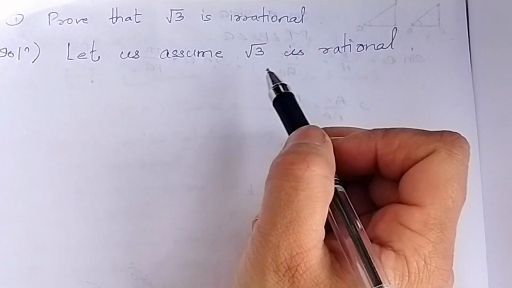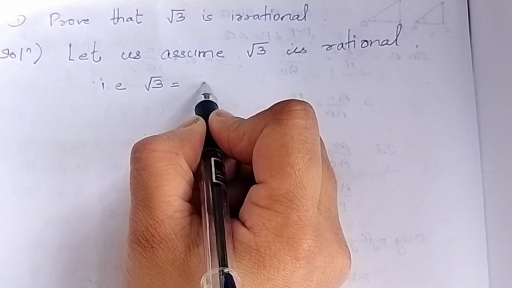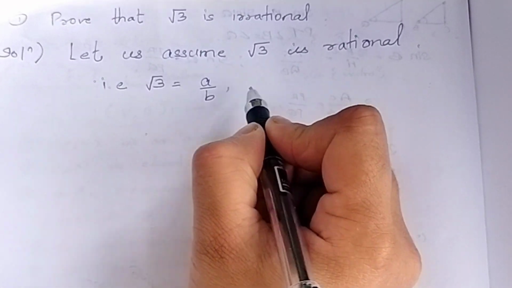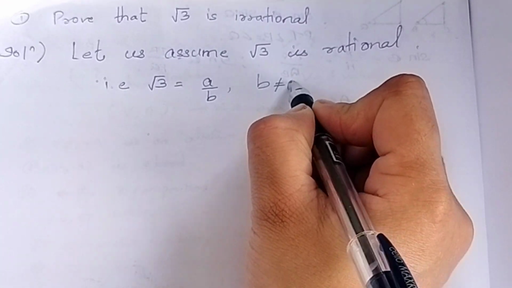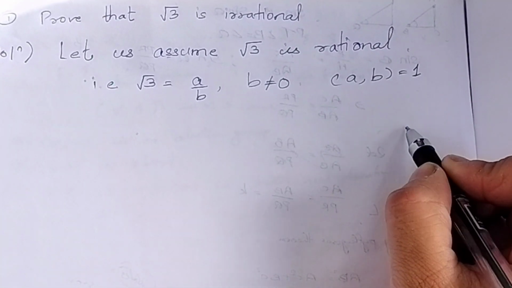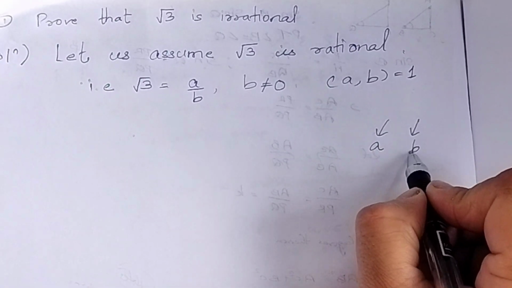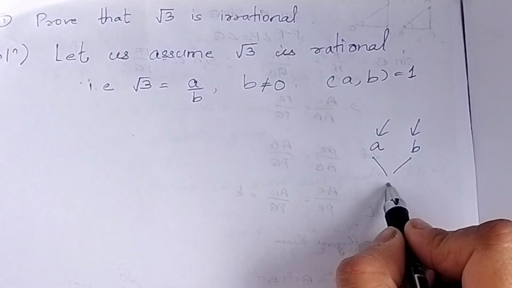To be a rational number, root 3 should be in the form of a by b, where b is not equal to 0, and a and b should be co-prime, which means that the common factors of a and b should be only 1.